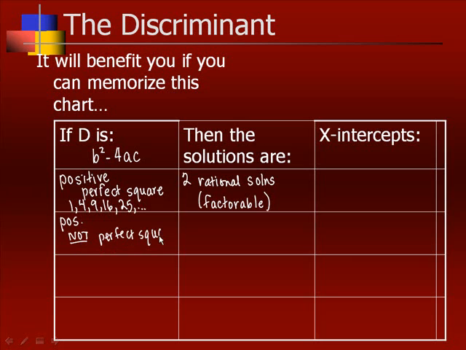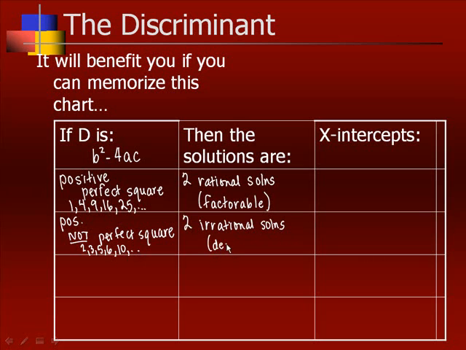Okay? What if it's positive and not a perfect square? That means what if D is 2 or 3 or 5 or 6 or 10, anything other than the list above? Then we're going to have 2 irrational solutions. Okay?